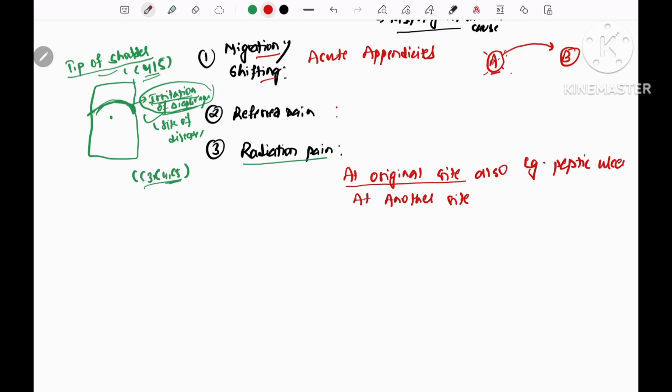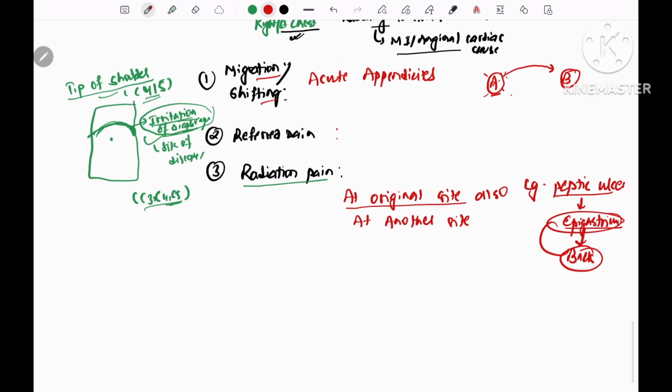In peptic ulcer, the pain is present in the epigastrium, and it also radiates to the back. If the pain is present at both the original site and the radiating site, then it is radiation of pain.